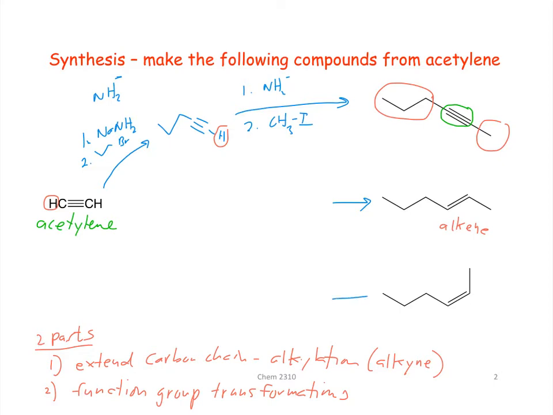For each one of these, to make a trans, well, let's just draw the alkyne then. We're going to have an alkyne that looks like this, a triple bond and a methyl group. That, in fact, is the one that we already synthesized up above, and we're going to use the same one here.